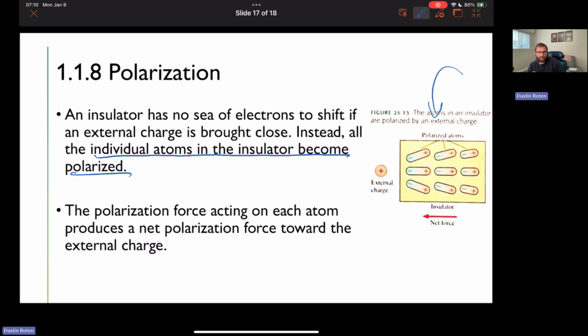So the polarization force acts on each atom individually and produces a net polarization. They all contribute to one overall net force, and it's going to be toward the external charge.